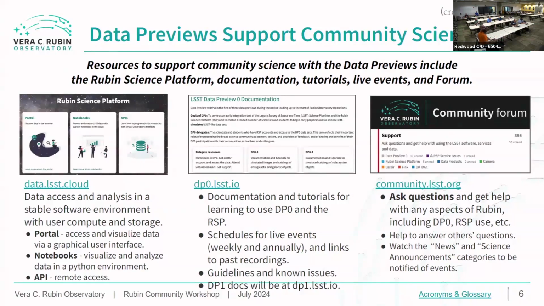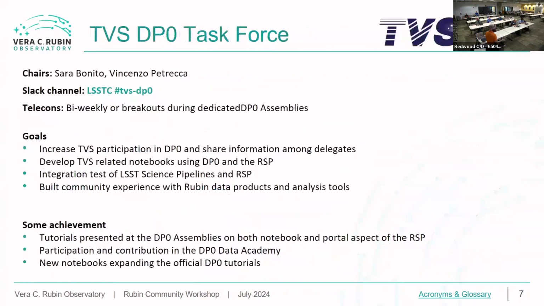There is the community forum where you can ask for help. There is very broad documentation that is still ongoing and improving, and the Rubin Science Platform that is accessible on data.lsst.cloud.